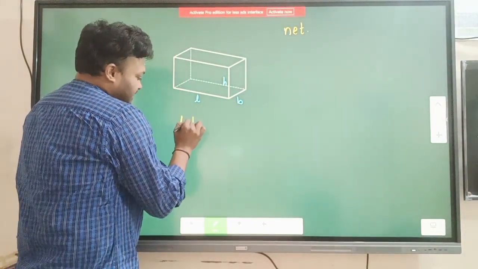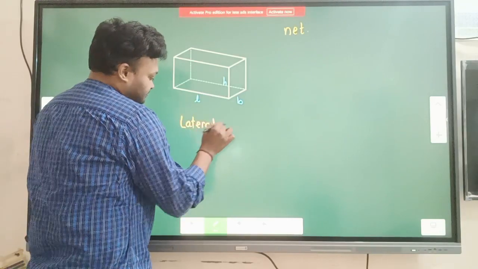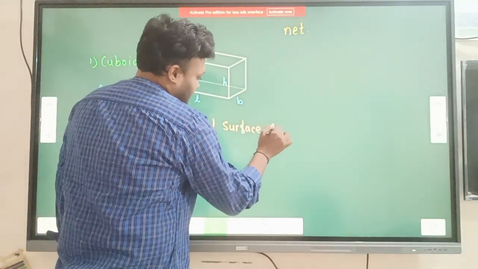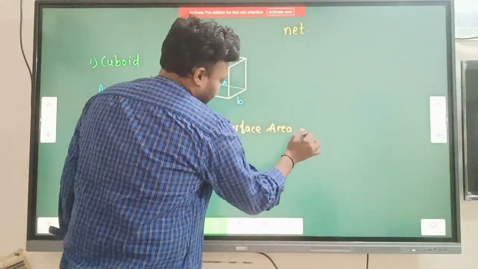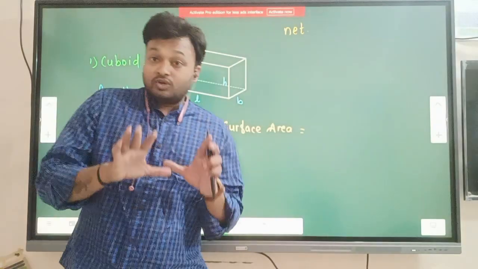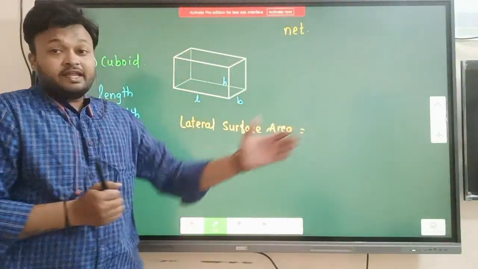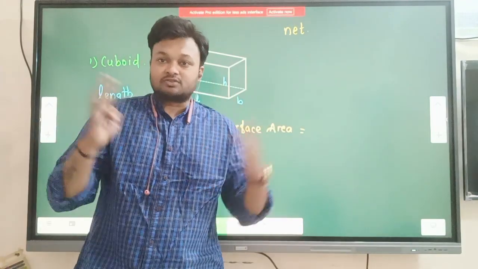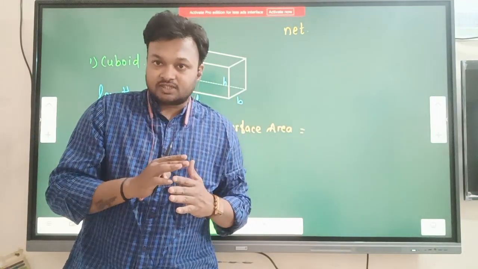Now, first, what is the lateral surface area? Lateral surface area is the area where we only calculate the area of the walls. Let us consider a room. A room has 6 faces, of which opposite faces are equal to each other.